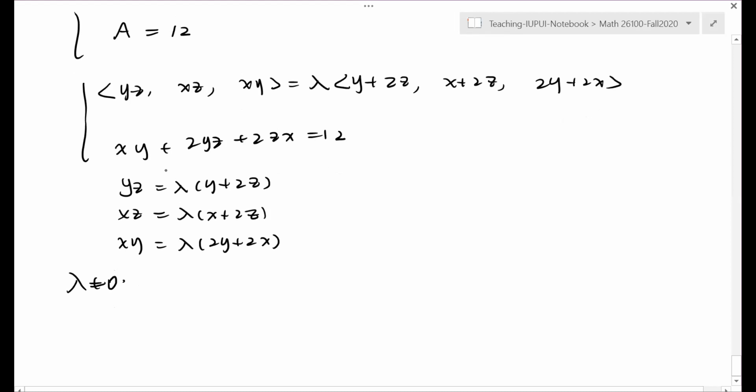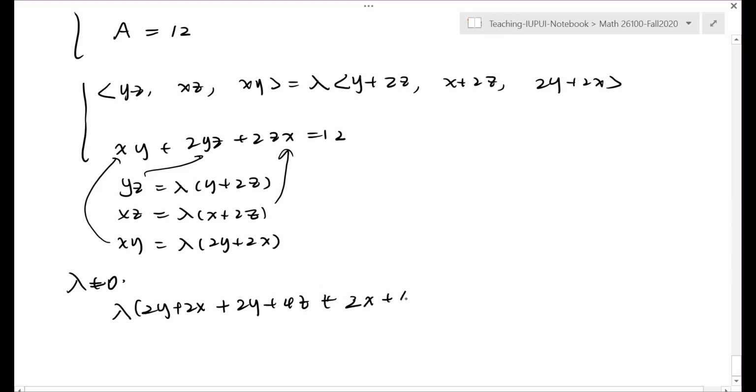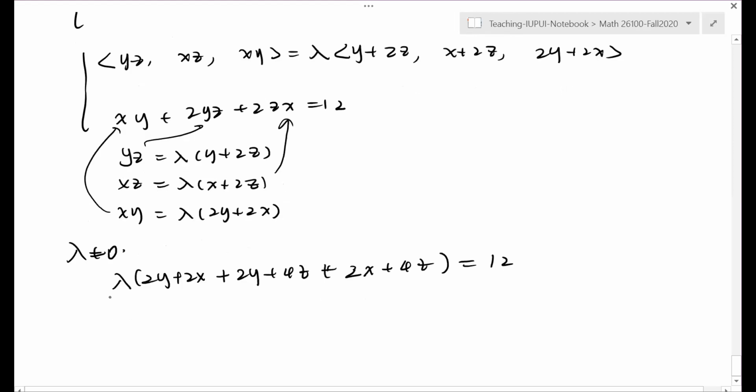Because if you put all the terms here, and this goes to here, and this goes to here, what you get is lambda times (2y + 2x), then lambda times (2y + 4z), and then lambda times (2x + 4z), equals 12. Lambda times something equals 12, and then lambda cannot be 0.